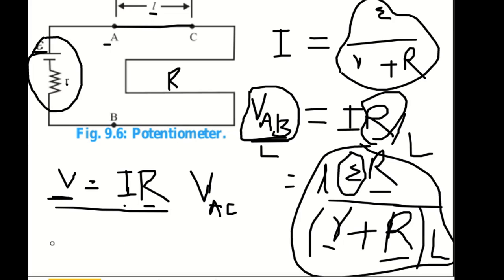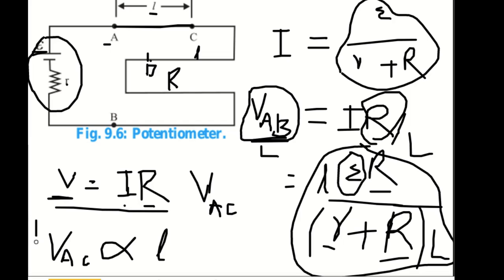So in short, we can write that the voltage between any 2 points, let's say A and C, is directly proportional to the length between point A and C. No matter whether the points are from A to C, it can be from another point. Let's say this is point D. If I have to find out CD and this length is also l, then this voltage will be the same, because it only depends on the length between these 2 points.